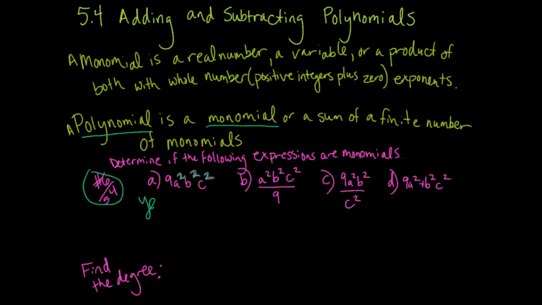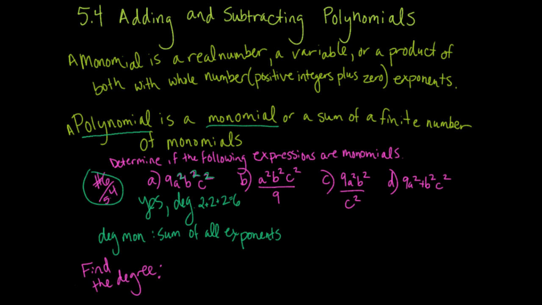So we can say, yes, it's a monomial. Now, to find the degree of a monomial, it's basically the sum of all the exponents in it.